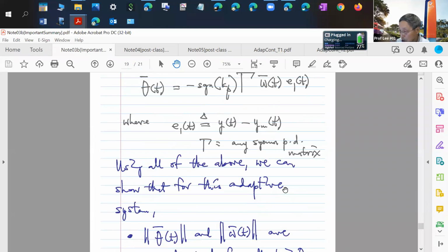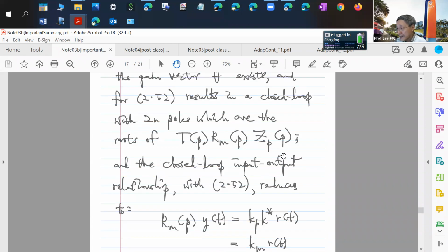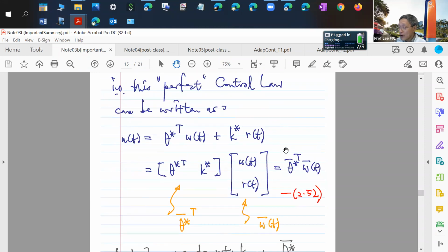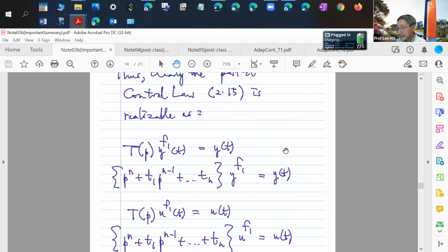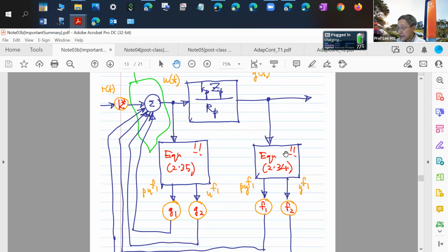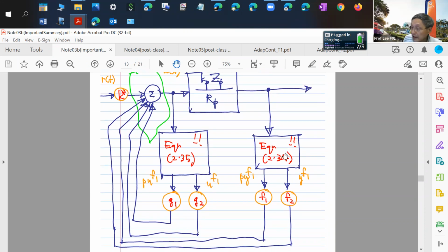This is one of the most important parts that came out of our lecture number 3. As I told you, this diagram was the very important diagram ending at the end of our lecture 3.